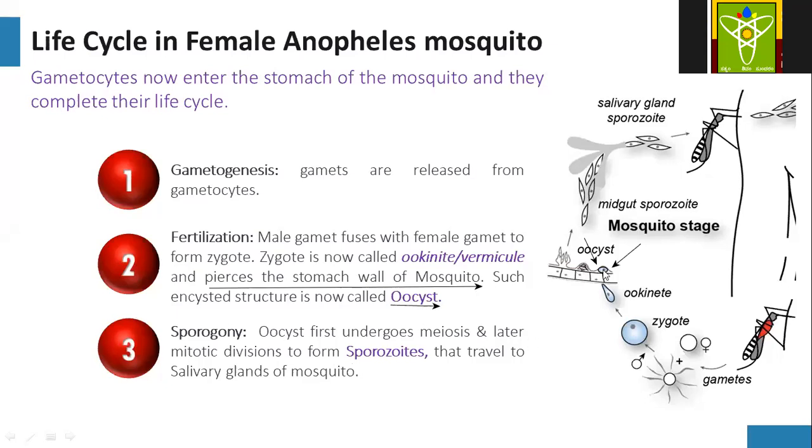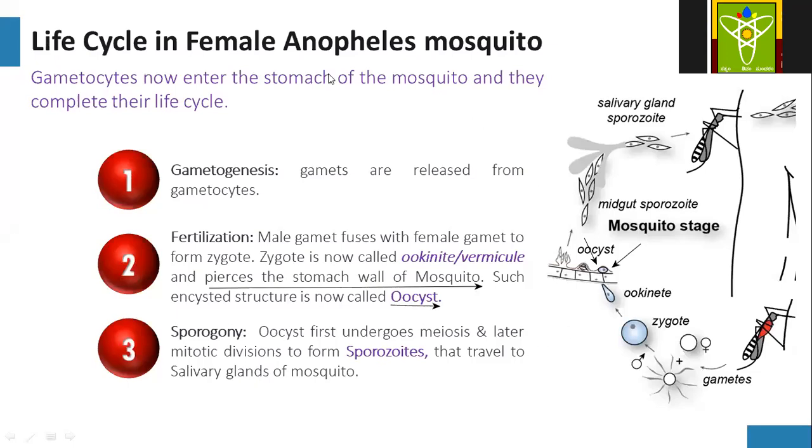So, this particular oocyst now says that I have to continue my life. First it undergoes meiosis to convert into haploid cells. And once they convert into haploid cells, those haploid cells undergo mitotic divisions to form a structure called sporozoites.